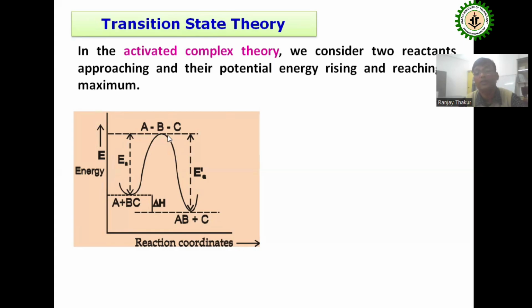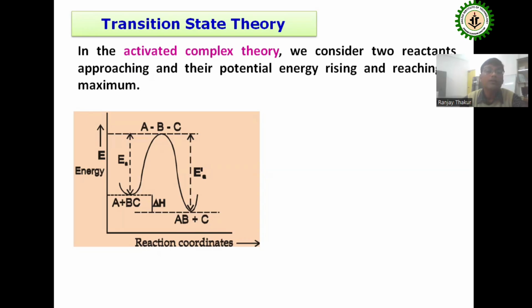Once it crosses this energy level, then it gives product. So this is called energy barrier. You can also define threshold energy as the maximum energy needed to cross the energy barrier.